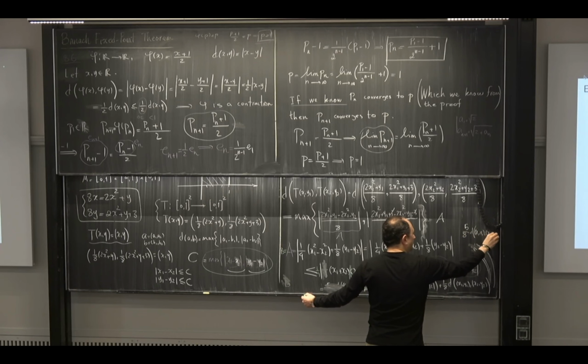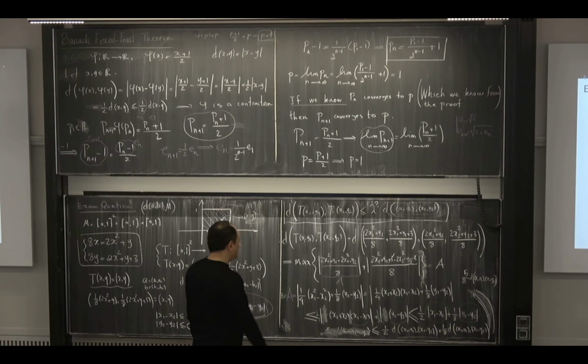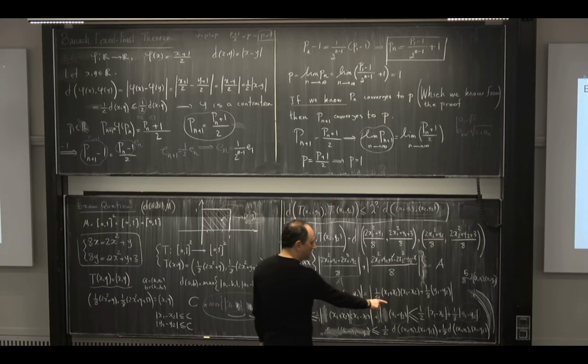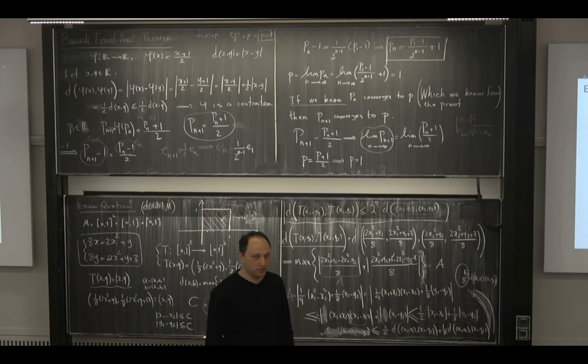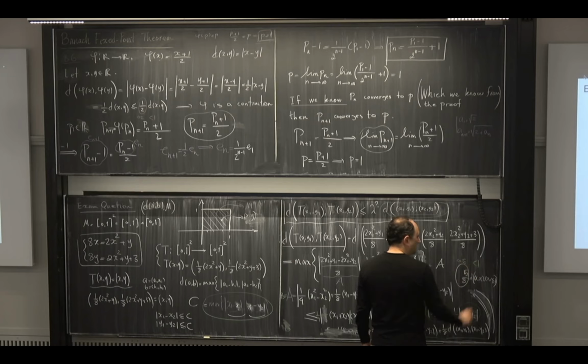So finally, I hope that you agree this is a contraction. Because the distance of these two for any chosen point is less than or equal to this factor of the distance of the original points. And that factor is somewhere between 0 and 1.